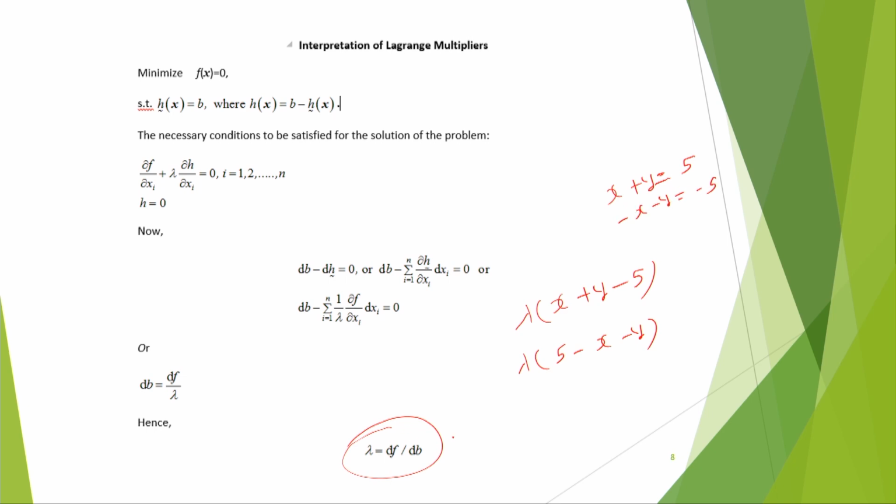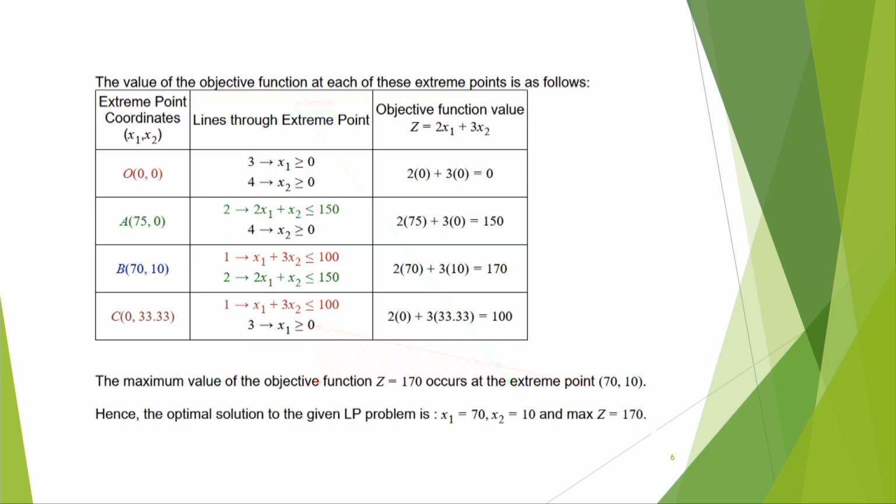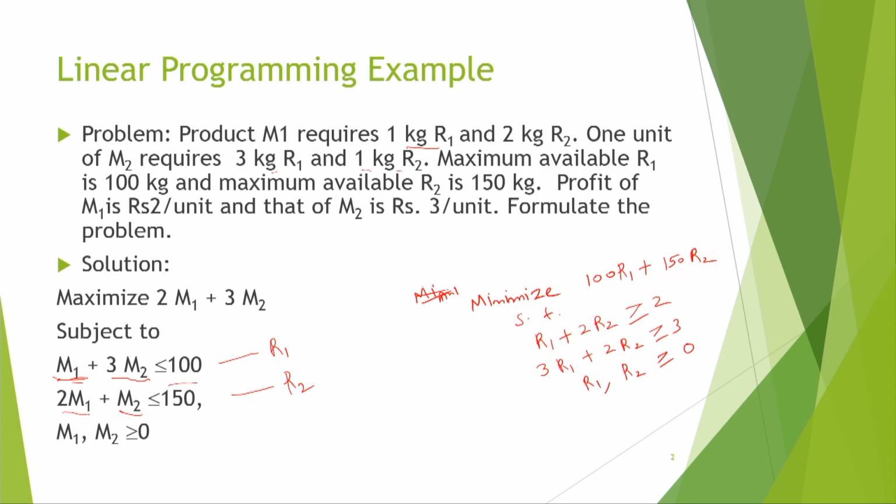So the sign can differ a little bit, but you can easily understand that when the quantity increases or decreases, you will not make any mistake. Suppose in the previous problem, how can you make a sign mistake, because you know that m1 plus 3m2 is smaller than 100. If I increase 100 to 101, naturally that means I have more quantity.